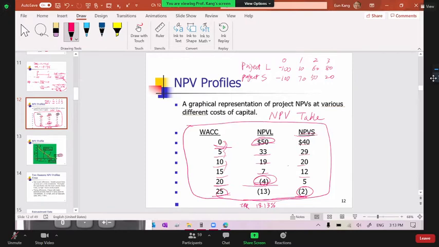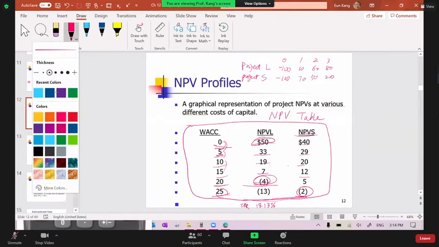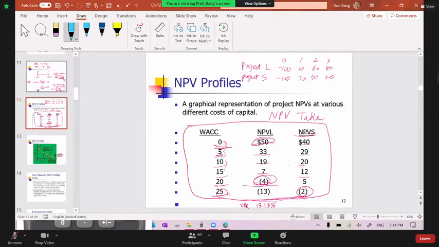And in this case, the net present value of L is greater than the net present value of S until WACC 5, but between 5 and 6, the net present value is the same.